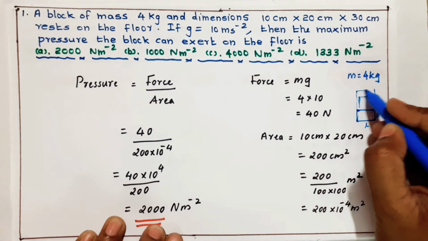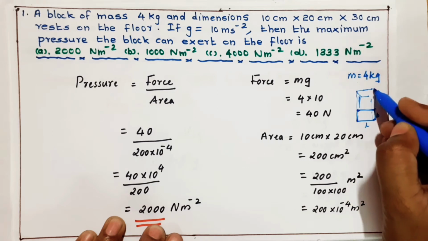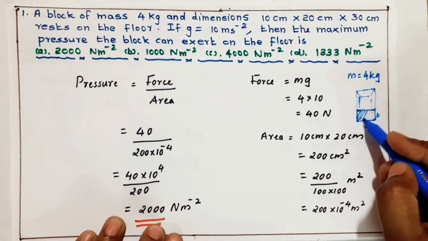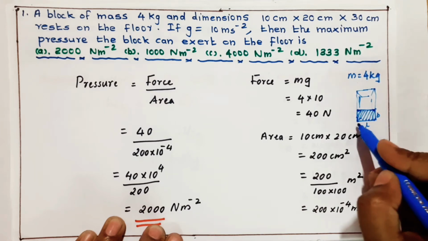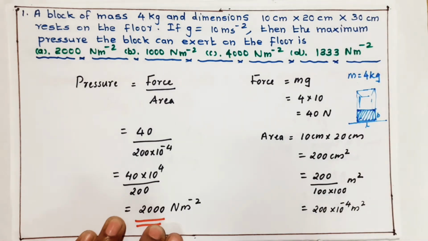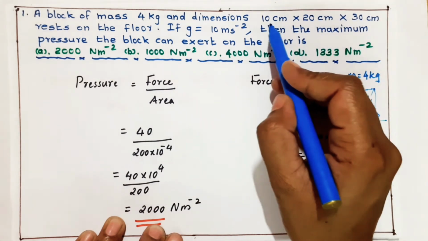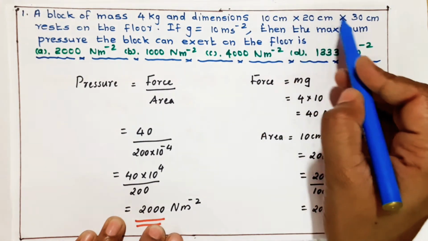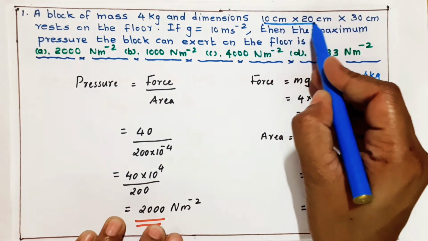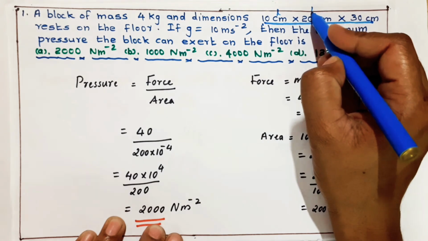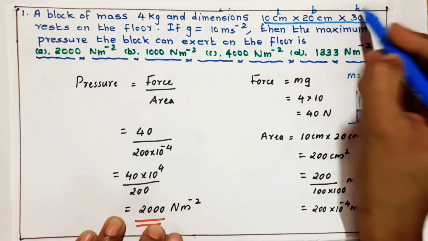So here we need only these parts, because they asked the pressure exerted by the block on the floor. You have to remember what they gave here: 10 centimeter into 20 centimeter into 30 centimeter means length into breadth into height.